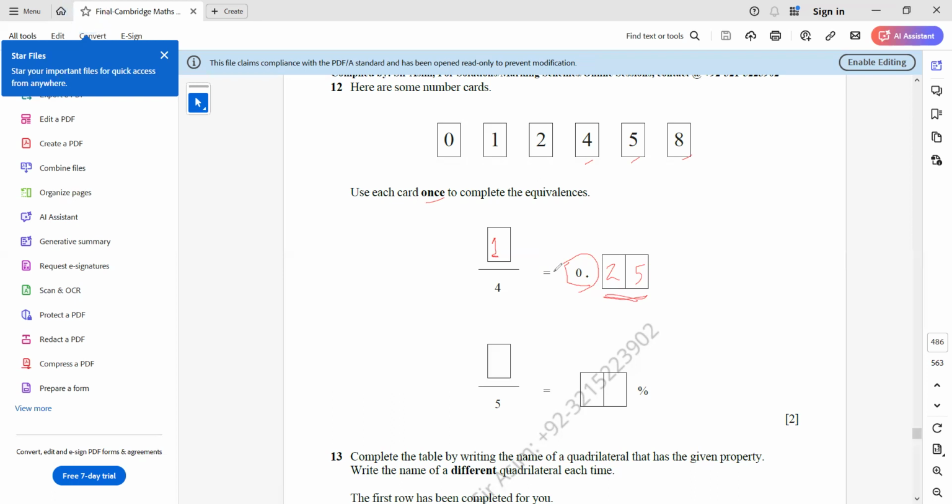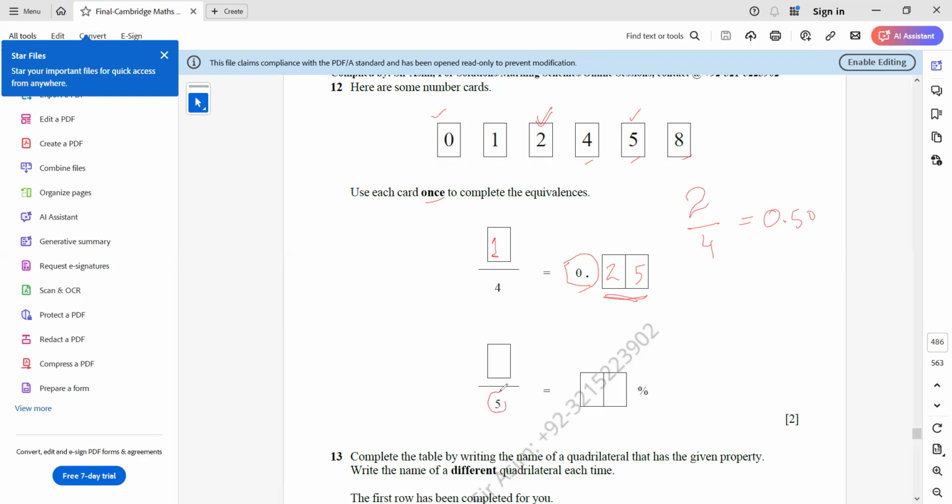In the same way, we can also consider, for example, 5 is already there, 2 is already there. Can you have 0.5 if you divide something by 4? Yes, that can be 2 also. So 2 divided by 4, that would be half of 2. That means 0.5.